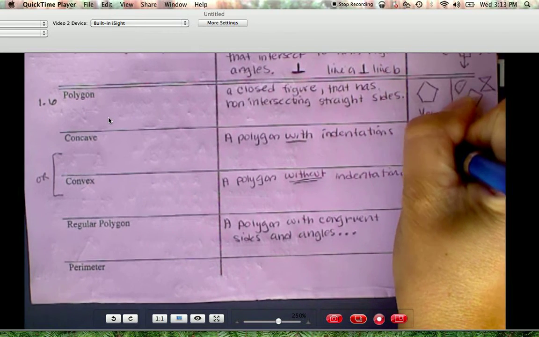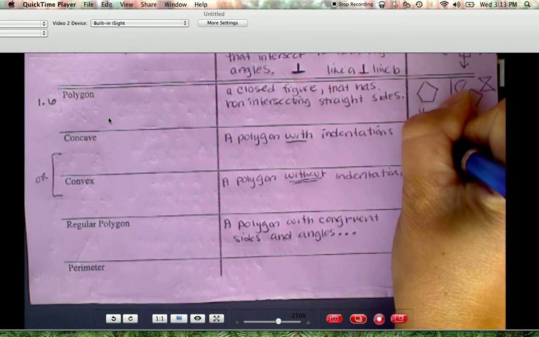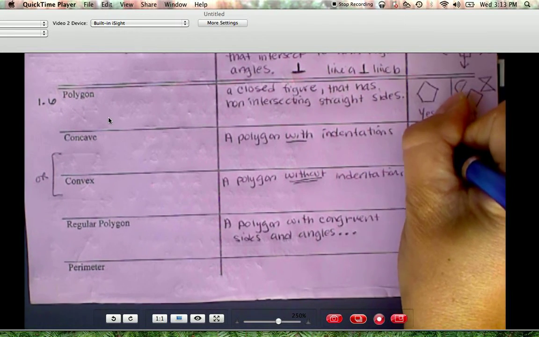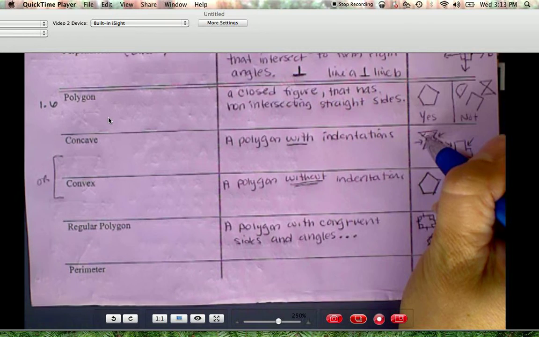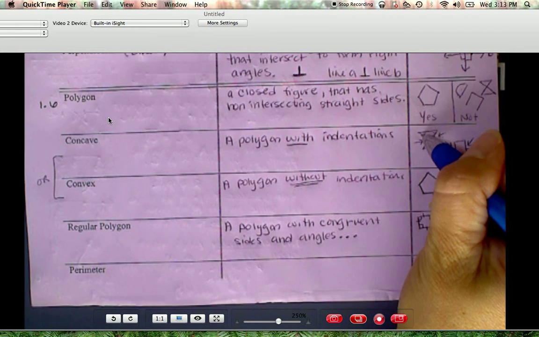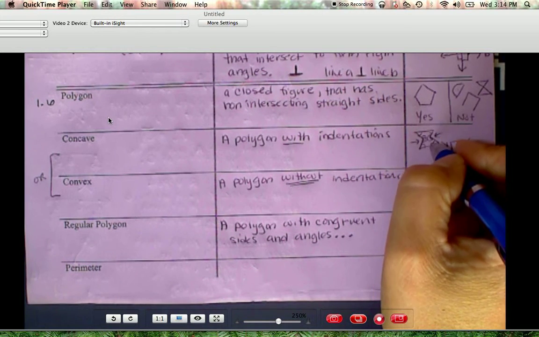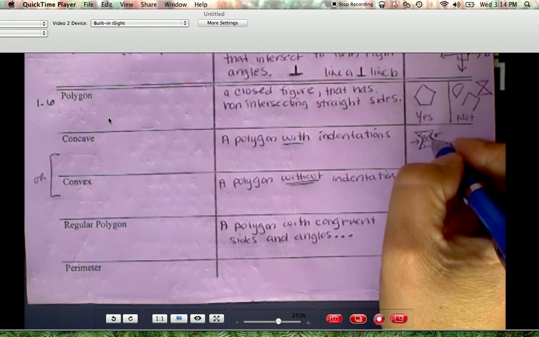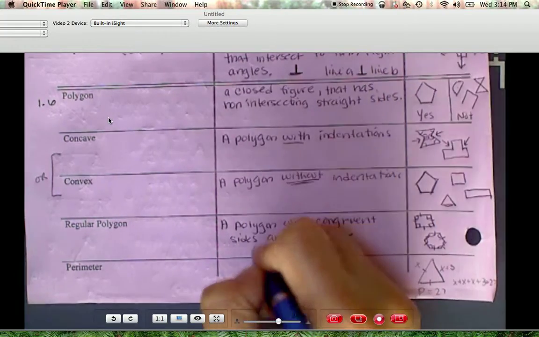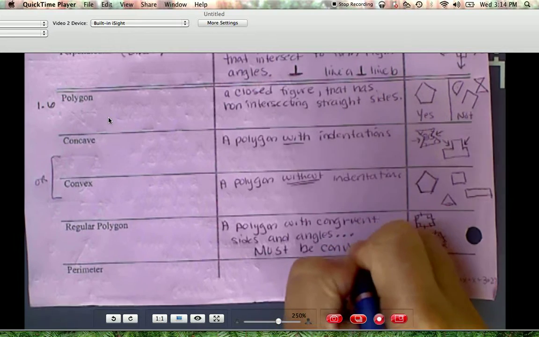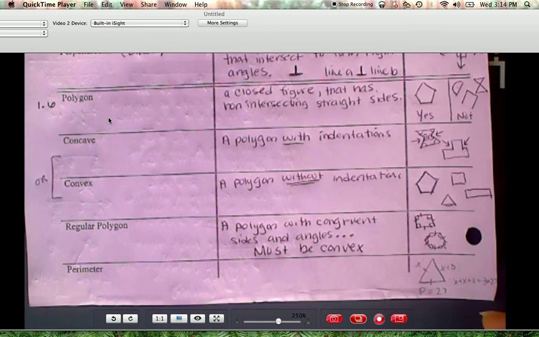However, once you put an indentation into a polygon, you are now creating an obtuse angle. So there's an obtuse angle here that could be congruent to this obtuse angle, but there's no way it could be congruent to these other acute angles. So as soon as you add an indentation into a figure, you're now changing up the measures of the angles. So the other thing we need to add is it must be convex in order for that to work out.